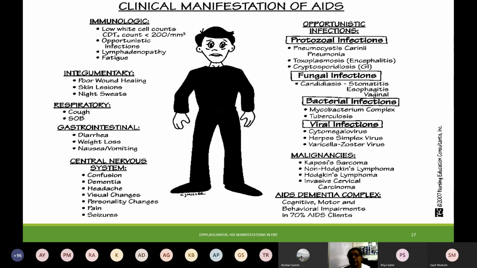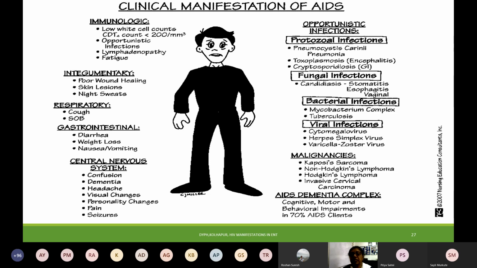Then the bacterial infections added are Mycobacterium avium complex and tuberculosis. So remember well, when an HIV patient comes to you with a head and neck problem, or an oral or ear problem, you must investigate for all these things, because that gives us a clue. Many times it remains silent.